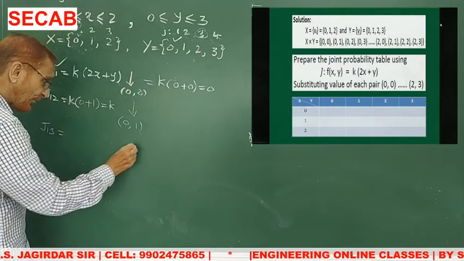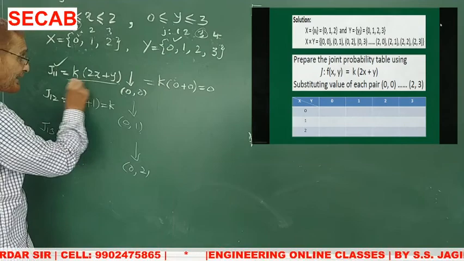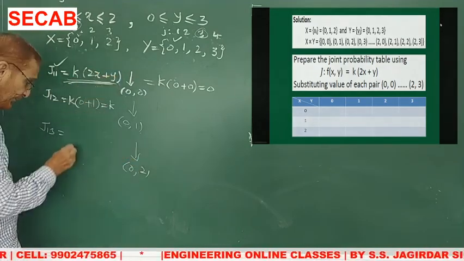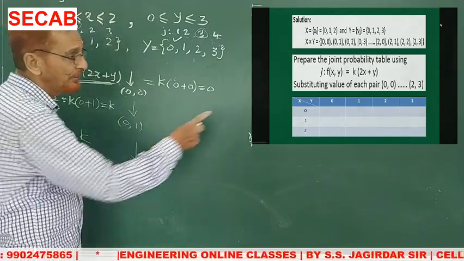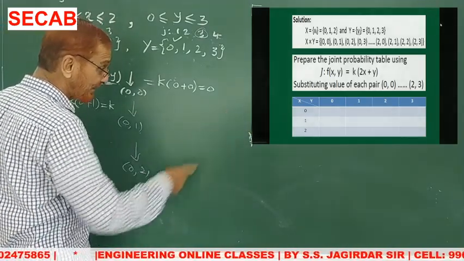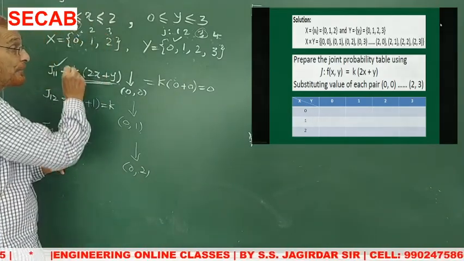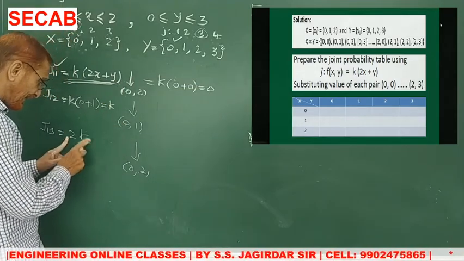So 0 and 2 you have to put in this relation. This is the relation. When you put 0 it is 0. When you put 2 it is 2. So it is 2k. So in the third box of the chart against x equal to 0, the first is 0, second is k, third is 2k.